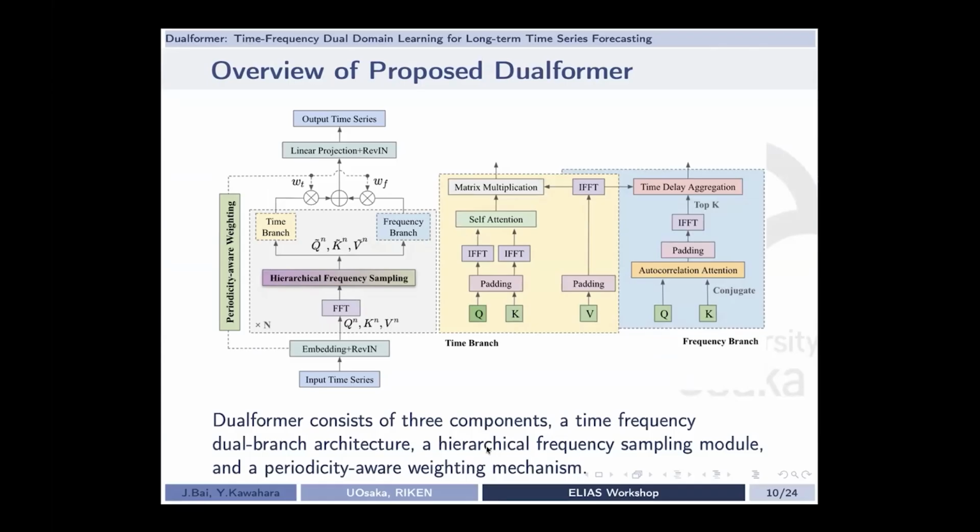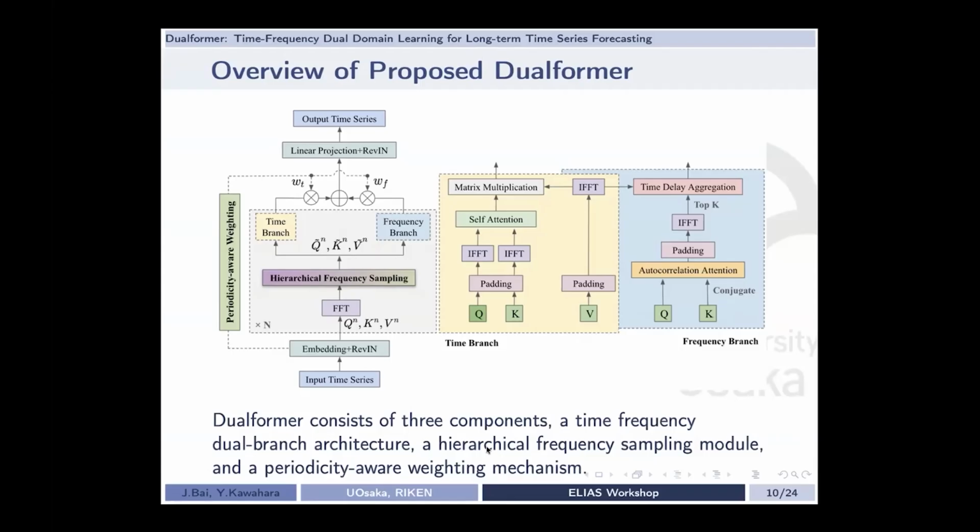At the very beginning, we have a hierarchical frequency sampling strategy for addressing the frequency bias issue. What it does is assign different frequency ranges to different layers, so that we can keep and preserve those high frequency details in the shallow layers, or the bottom layers.